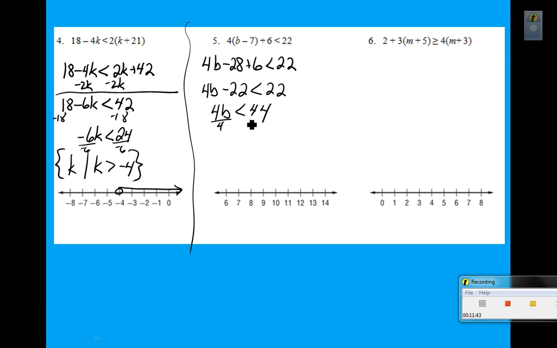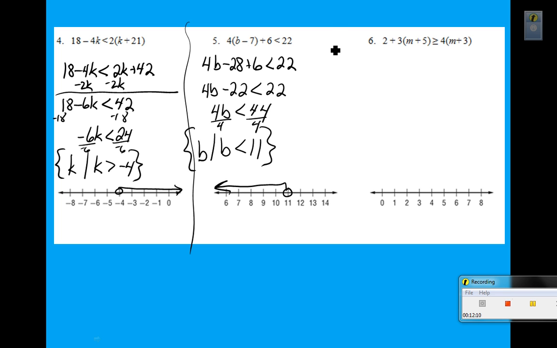Divide both sides by 4. So I've got b is less than 11. In set builder notation, b such that b is less than 11 with my braces around it. Ask yourself, open dot or closed dot? So I should see an open dot on 11. Less than is coming to the left. So there's what we've got so far.